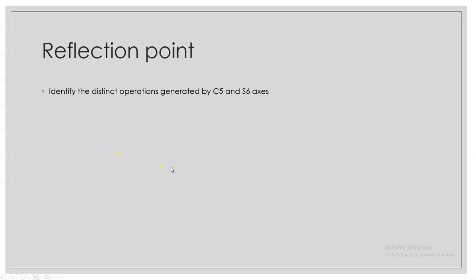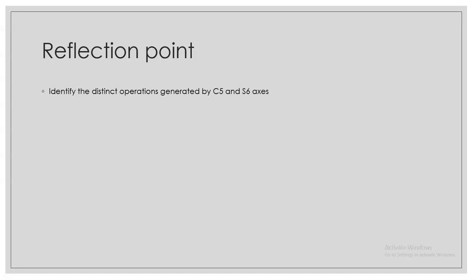Then you may ask me, what if n is odd in the case of your improper axis? We will see it. Now before that, we will just look into this reflection point and we will try to identify the distinct operations generated by the C5 and S6 axes.